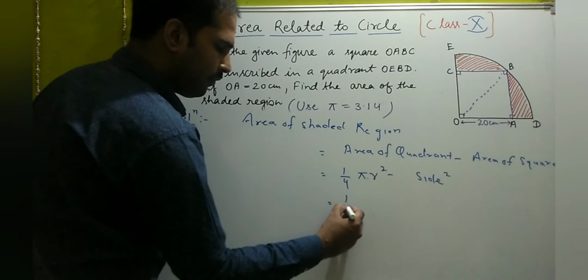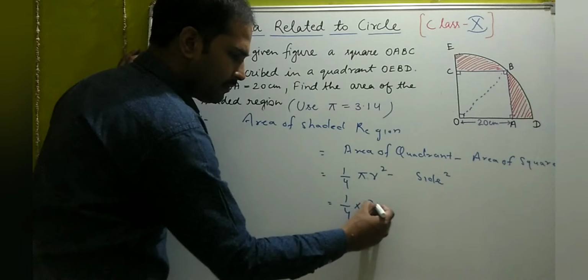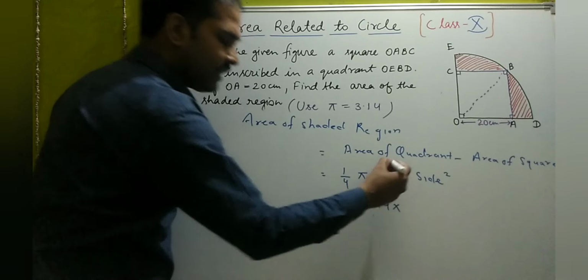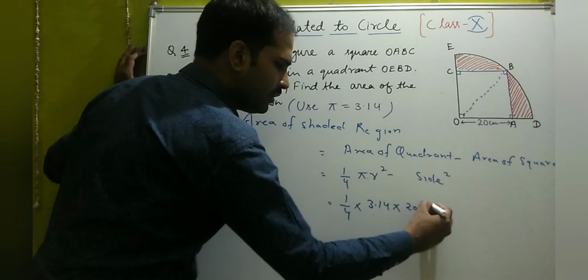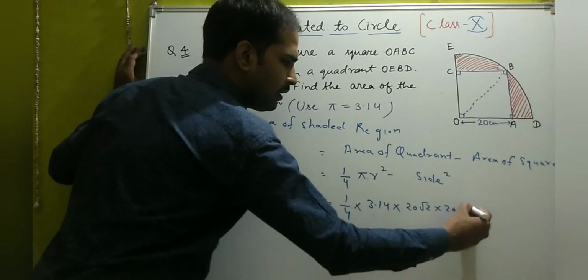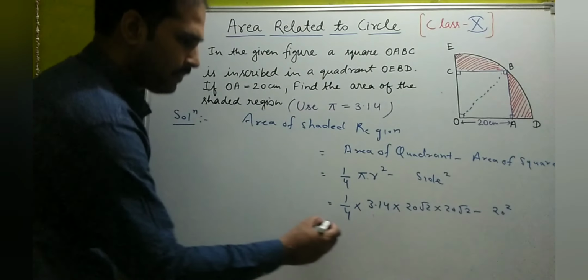So 1 by 4, here the value of pi is 3.14, and the radius is squared, so the square of 20 root 2 is 20 root 2 into 20 root 2, minus the square of 20, that is side square.